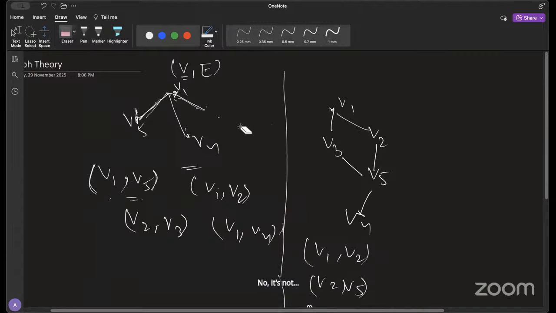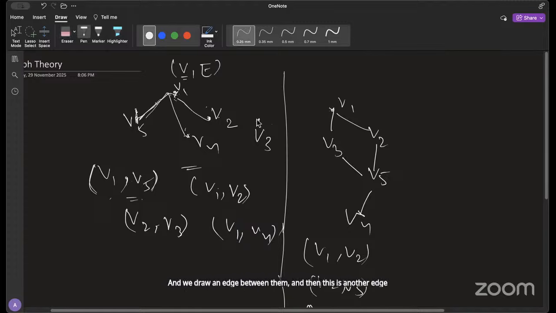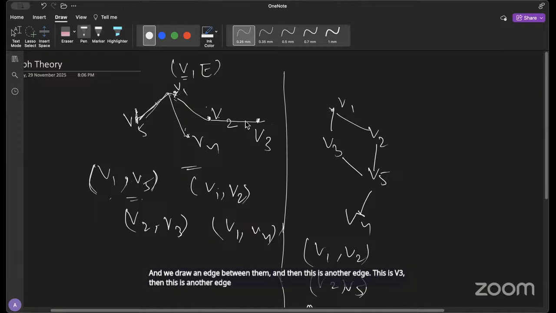Yeah. First, we drew the vertices, right? We first drew the vertices and then this is V2 and what was the other vertex? V3, I guess. So this is one vertex and we draw an edge between them and then this is another edge. If this is V3, then this is another edge. This is not a midpoint of these two. These are vertices.